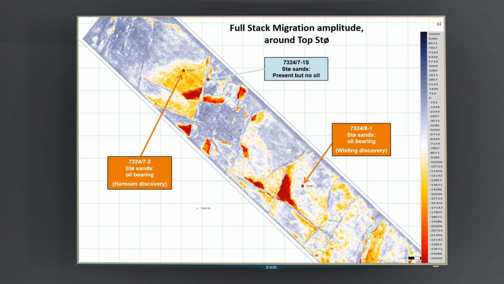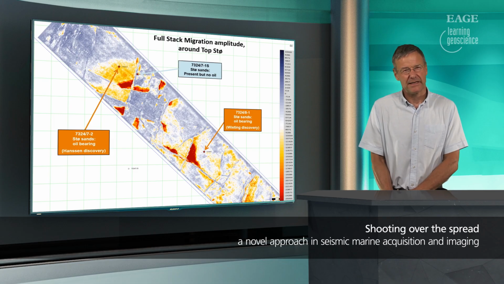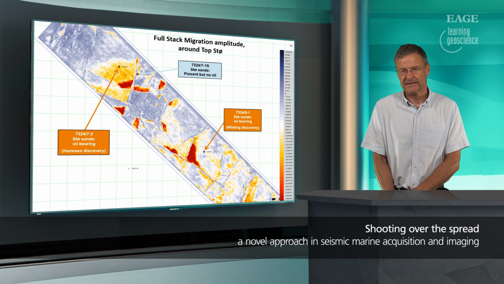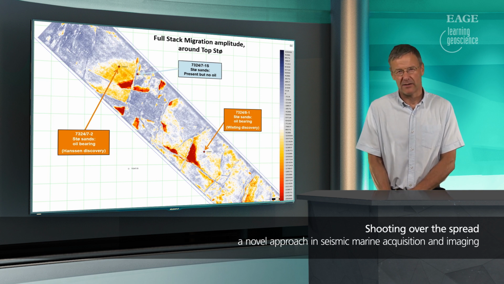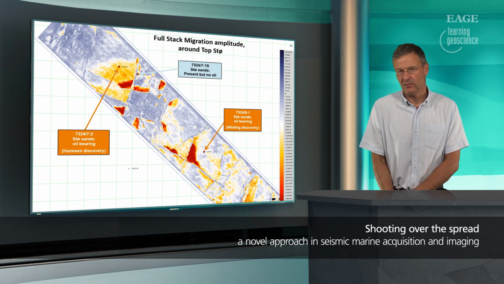We know that the Hansen well, the one on the left, also found oil, and we know that the third well was dry. But based on this data, it's not easy to see why they were dry until you have the AVO.